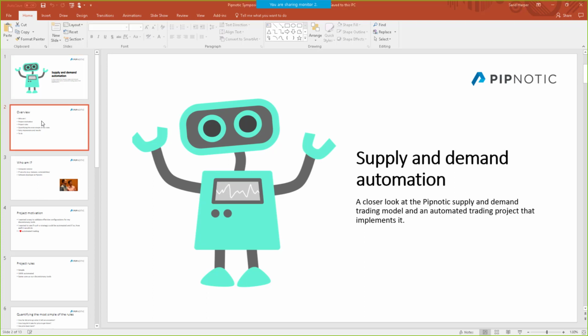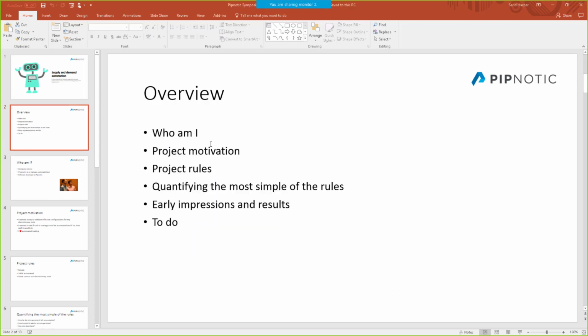So an overview: very briefly, who I am and my motivation for the project. Then we're going to talk about the rules, some of the things that the project had to enforce to be valid for me. Then we're going to be looking at quantifying the most simple rules, because the supply and demand method that we use at Pipnotic isn't complicated, but there is a series of qualification rules that we have, so I just wanted to focus on the most simple.